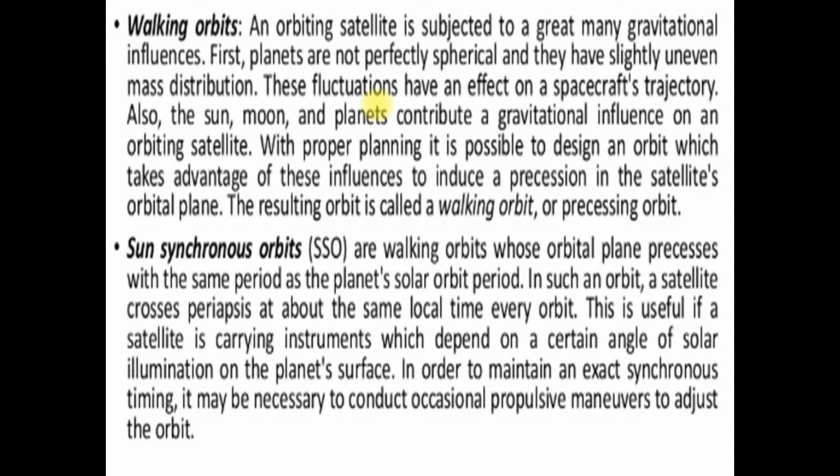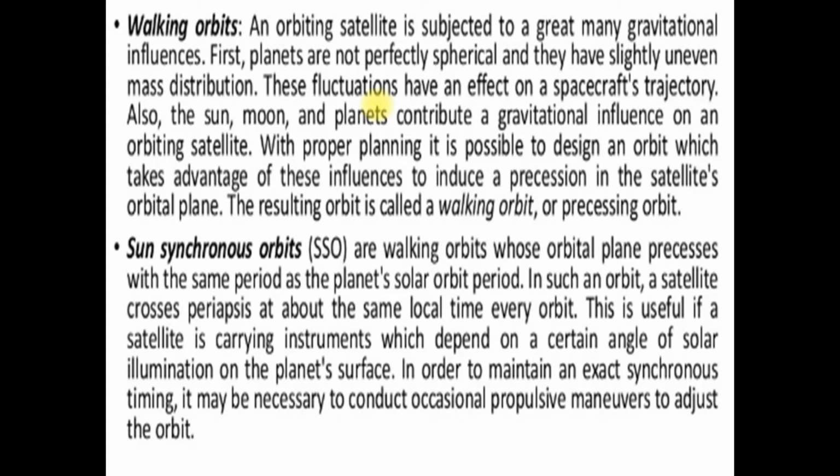With proper planning, it is possible to design an orbit which takes advantage of these influences to induce a precession in the satellite's orbital plane. The resulting orbit is called a walking orbit or precessing orbit.